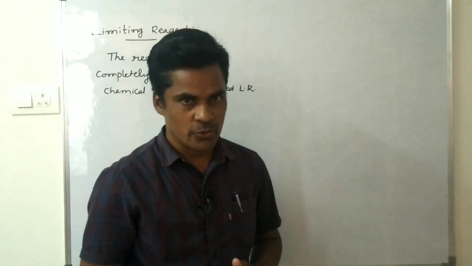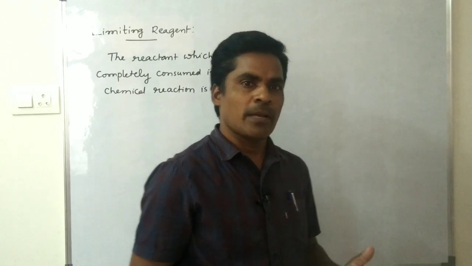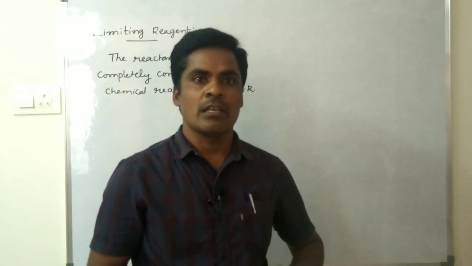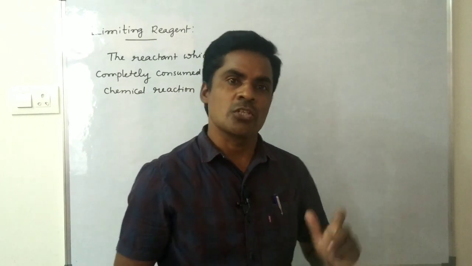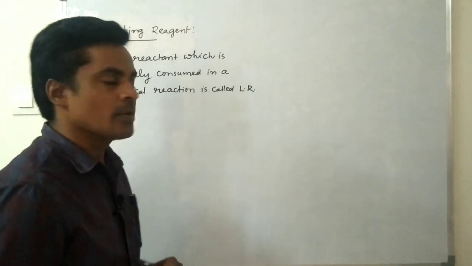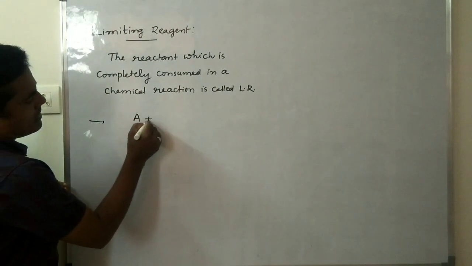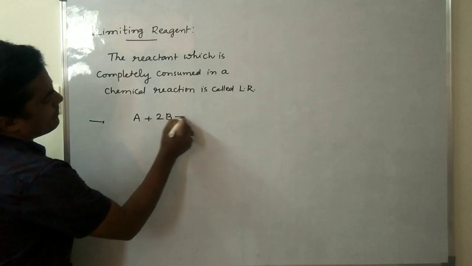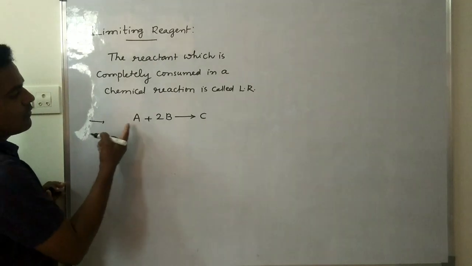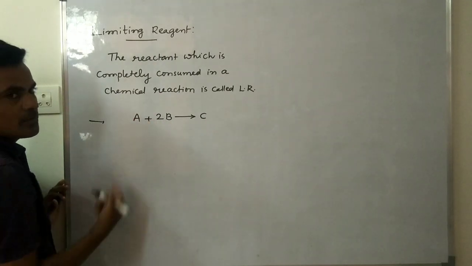Now, if the reactants are taken in the same mole ratio as their stoichiometric coefficient ratio, all of these reactants get completely consumed in the reaction. Suppose A plus 2B gives C product. Here the stoichiometric coefficients of A and B are 1 and 2 respectively.